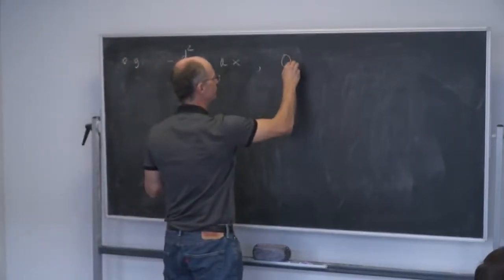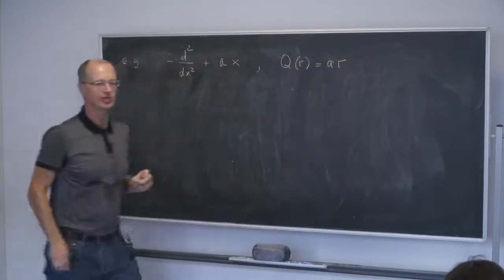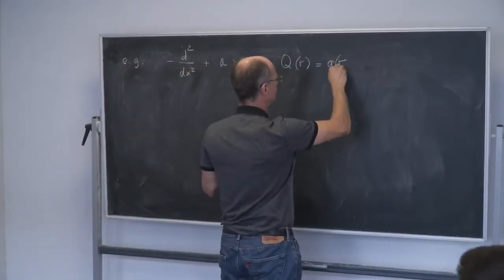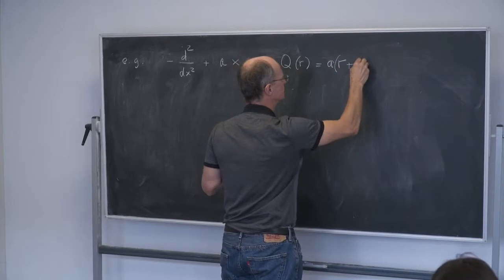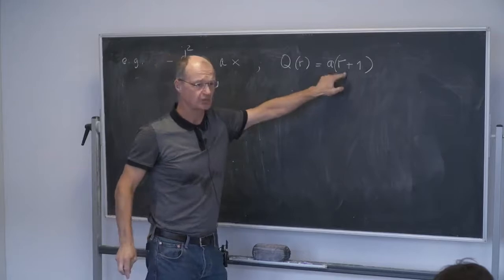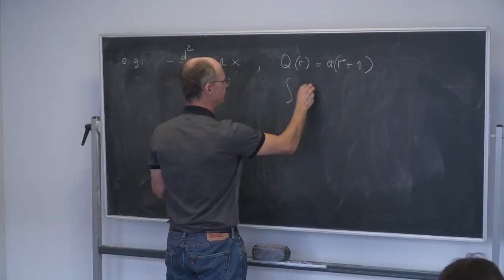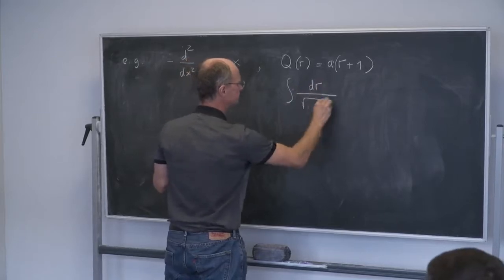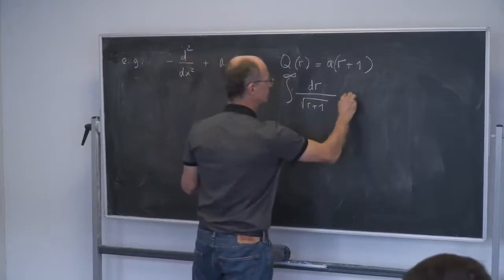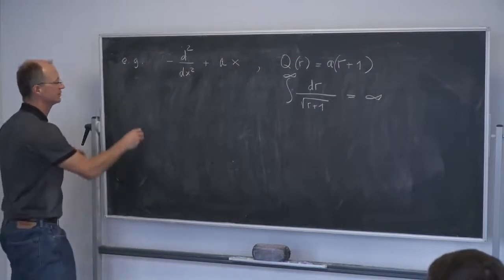So we can choose Q of R equal to AR plus 1, say, to avoid difficulties at 0. And of course, this integral diverges, so therefore we are good.